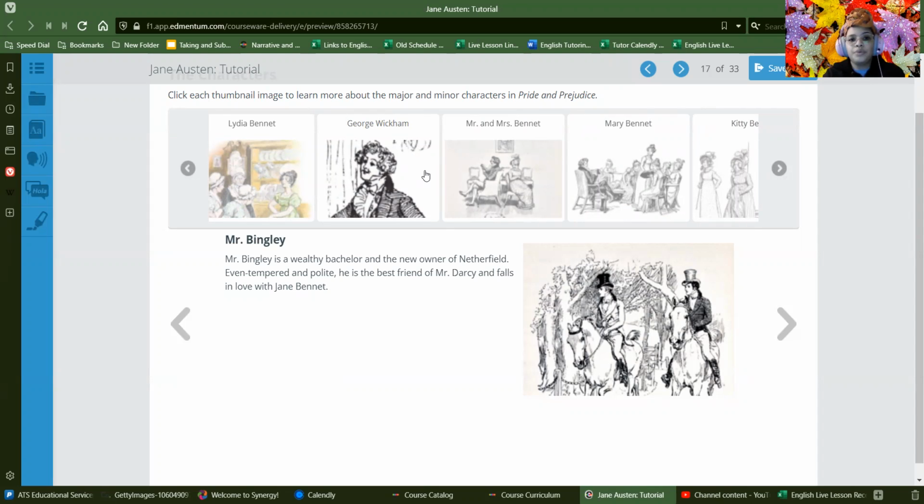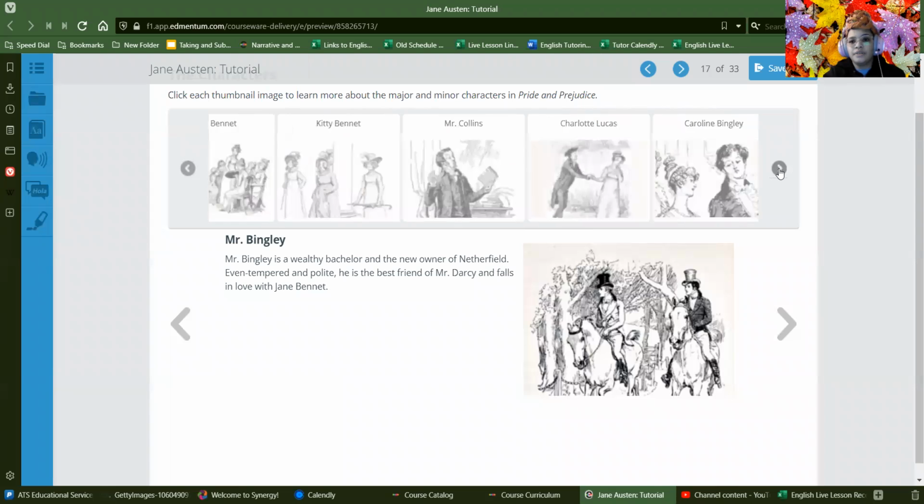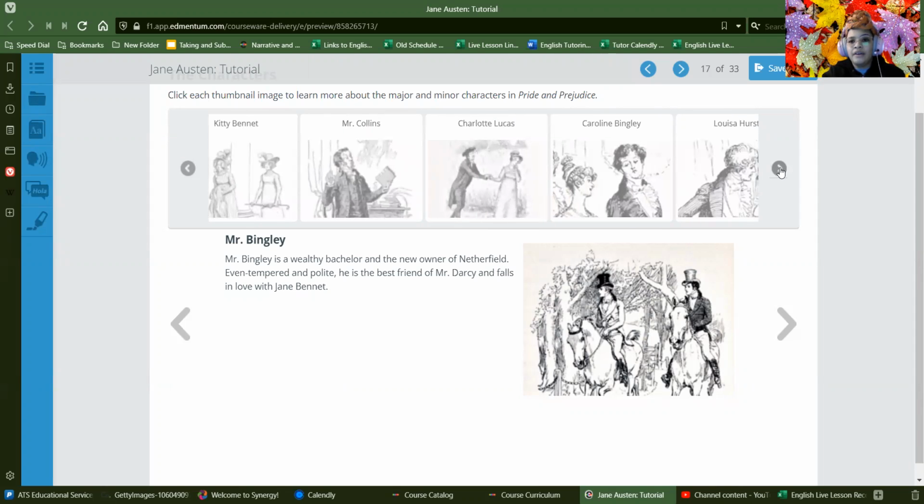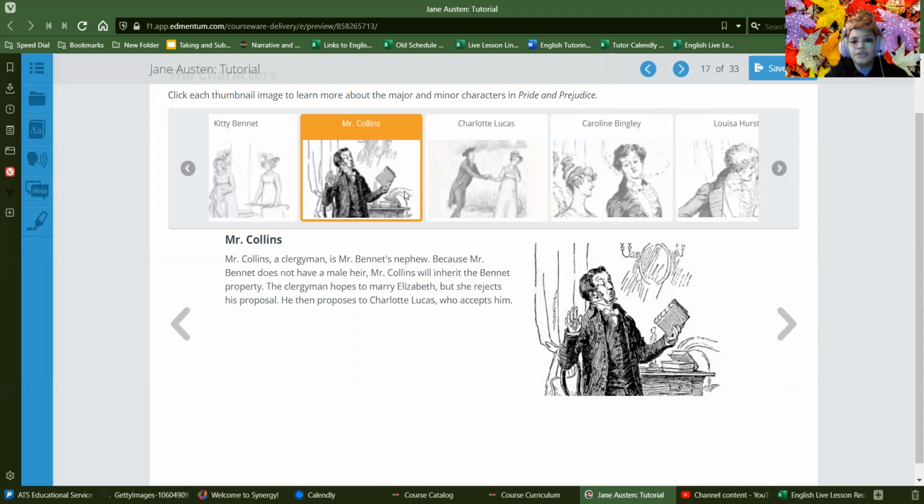So we have George Wickham, who runs off with one of the Bennet sisters. And then we also have Mr. Collins, who almost married one of the sisters, but ends up marrying Charlotte. So we're dealing with either the Bennets, their friends and family, or people who tried to court them, or Mr. Darcy and people who are related to him.